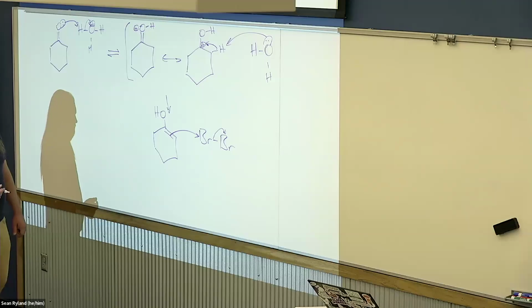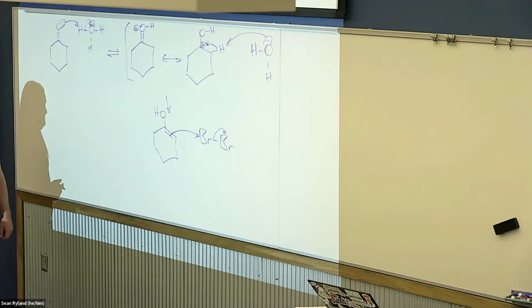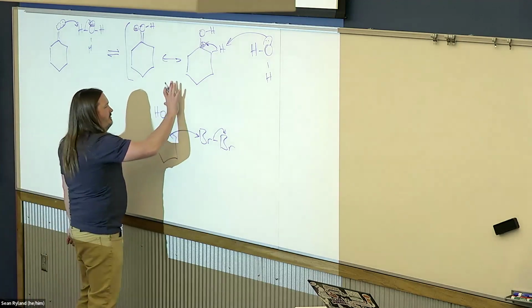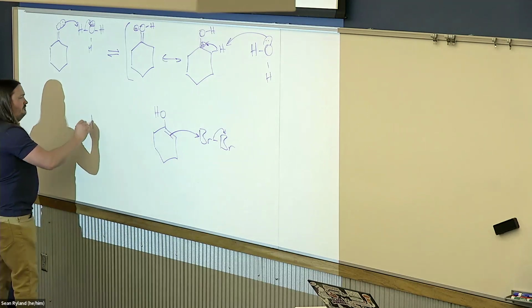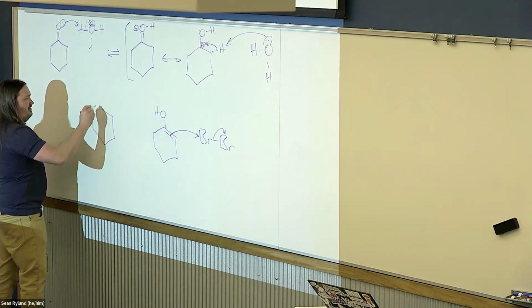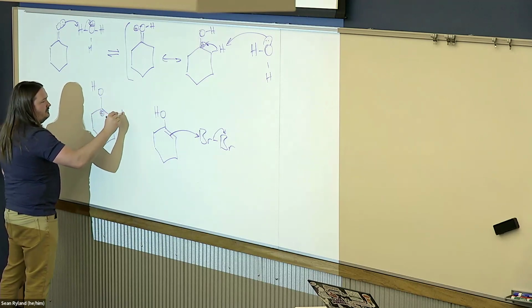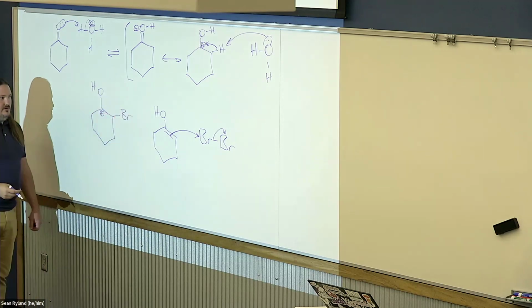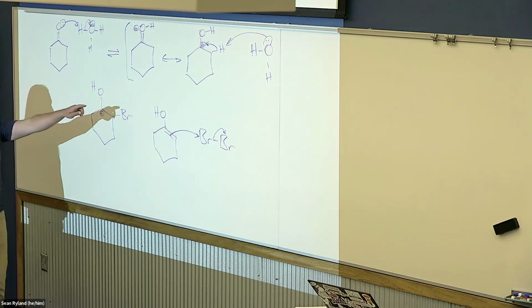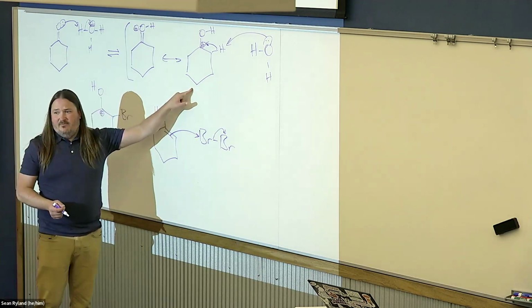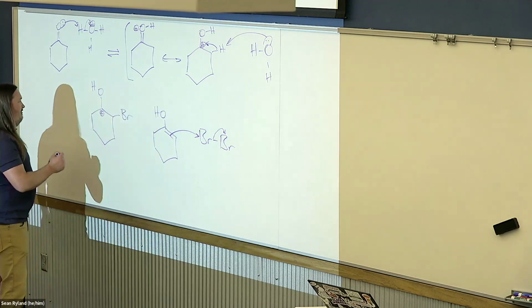But you're still just going to break the pi bond. The trick is if we just drew it like that, we get an intermediate that looks like this. We did draw a resonance structure that looks kind of like that, but a more stable form of it.